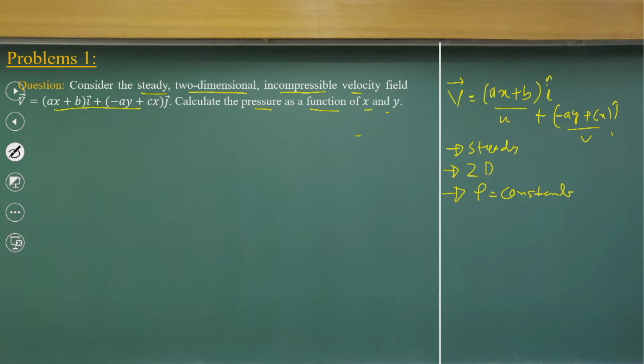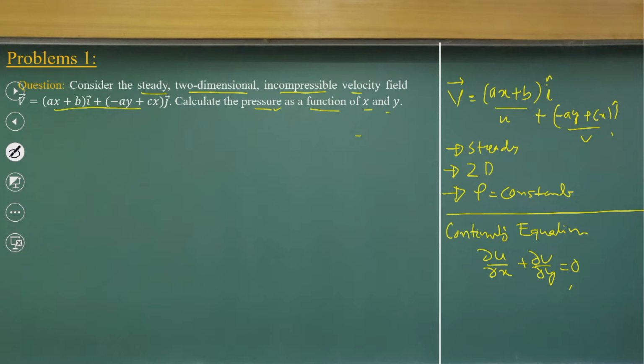Now we are looking at the pressure field we have to compute, which for a steady two dimensional incompressible flow will be a function of x and y. For two dimensional incompressible flow we have the continuity equation, del u by del x plus del v by del y equal to 0.